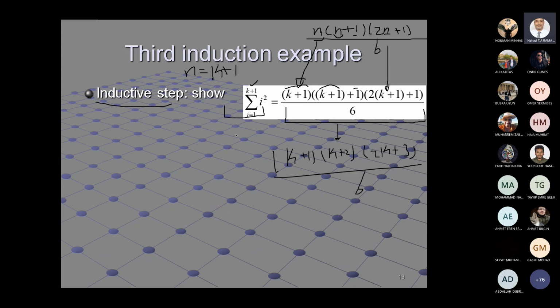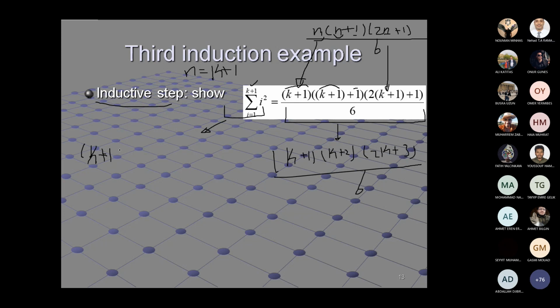Okay, now let's start with the left-hand side. As usual, we take k plus 1 outside. So in i, it's equal k plus 1.